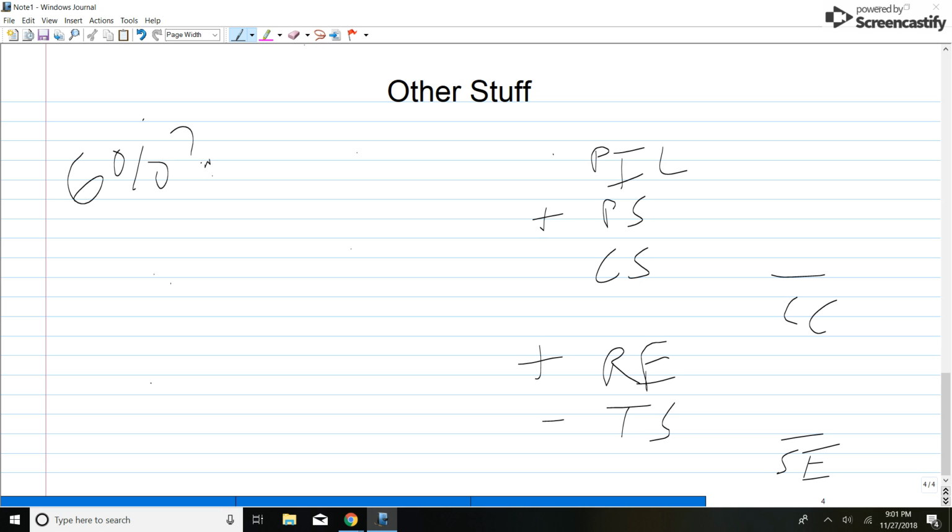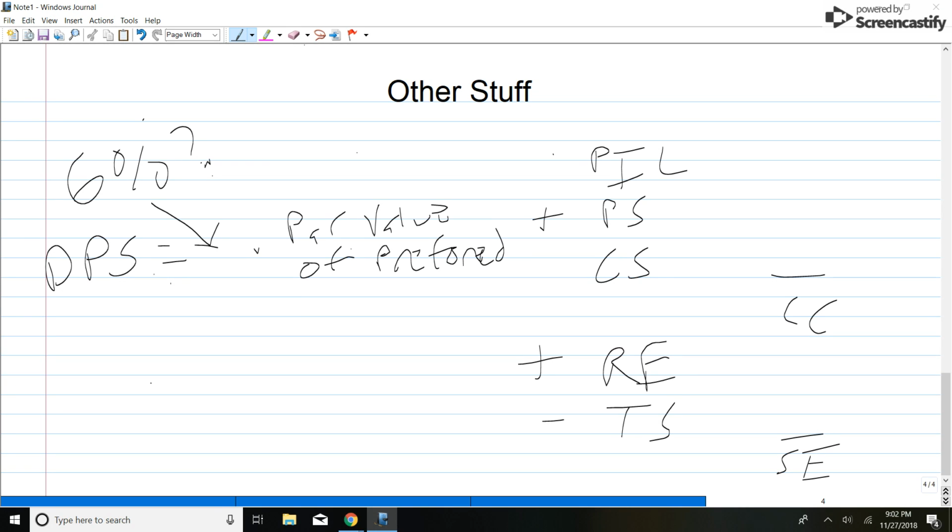To find the dividend per share for preferred, and this is only for preferred stock, you're just going to take whatever percentage they give you, multiplied by the par value of the preferred stock. Remember, this only gives you the dividend per share of the preferred stock.